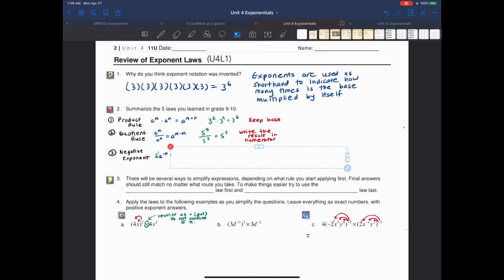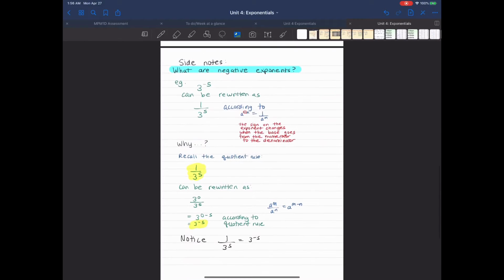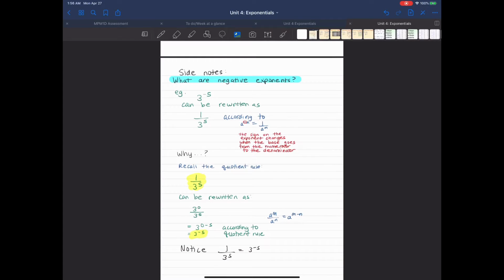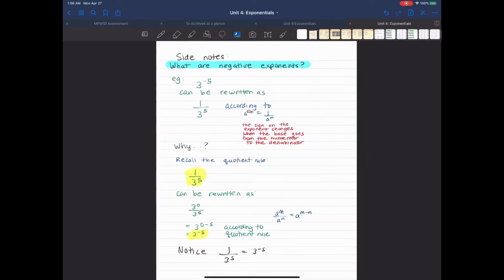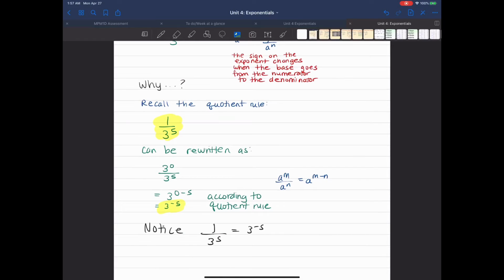Essentially, if you have a to the negative n, and there might be a coefficient in front of it, you're going to flip it so that right now it's in the numerator form, you're going to flip it so it's in the denominator, and it's going to have a positive exponent.